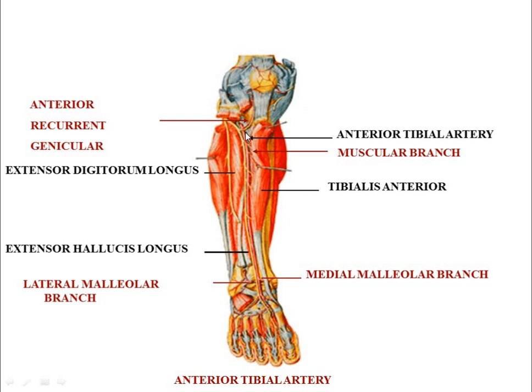Apart from that, it gives anterior and posterior tibial recurrent branches. Then in the foot, it gives a branch towards the lateral malleolus, which we call the lateral malleolar branch, and towards the medial malleolus as the medial malleolar branch.